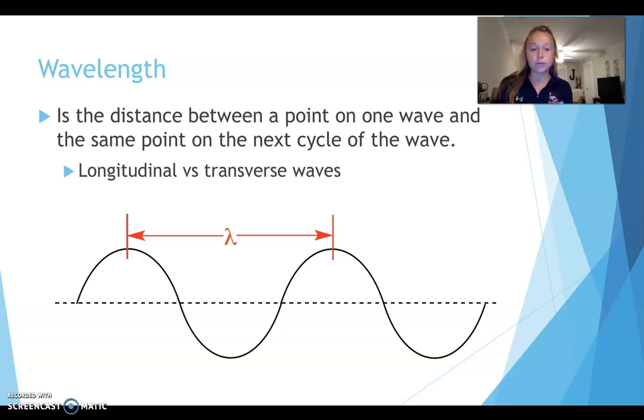For longitudinal waves, it's going to be from compression to compression or rarefaction to rarefaction. For transverse waves, it is going to be crest to crest or trough to trough, whichever one you want to do. Longitudinal, compression to compression or rarefaction to rarefaction. Transverse waves is going to be crest to crest or trough to trough. That is going to be the wavelength.